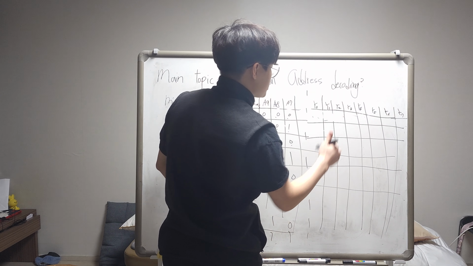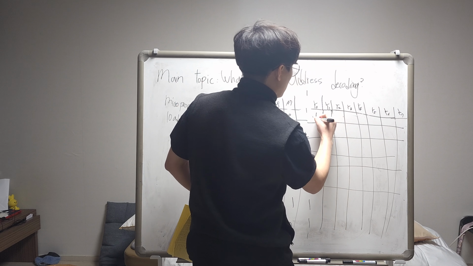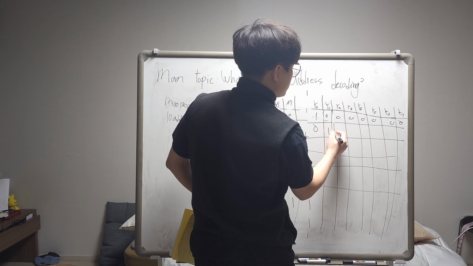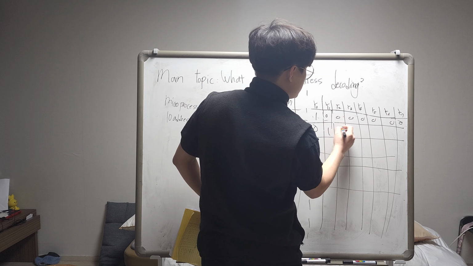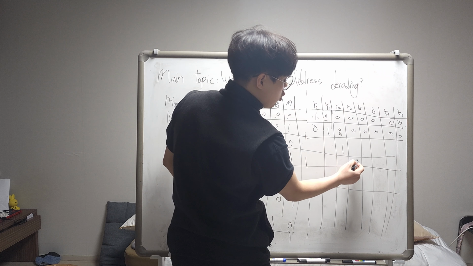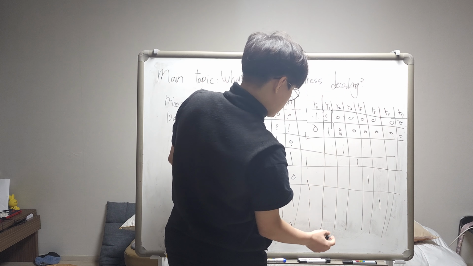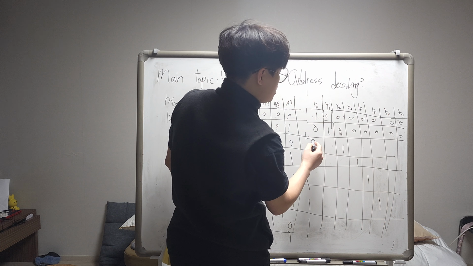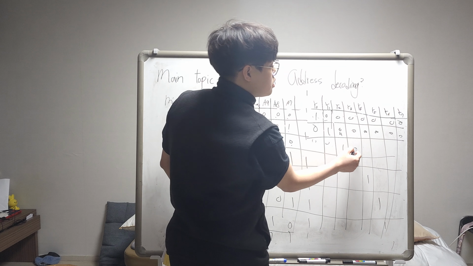So we can draw this table like this: 1, 0, 0, 0, 0, 0, and 0, 1, 0, 0, 0, 0, and 1, 1, 1, 1 like this. That's kind of distinct, right?